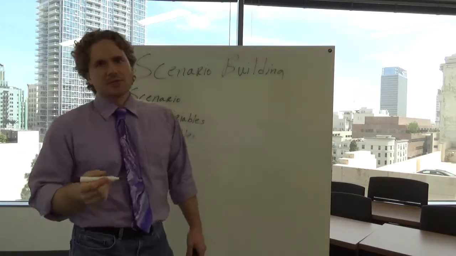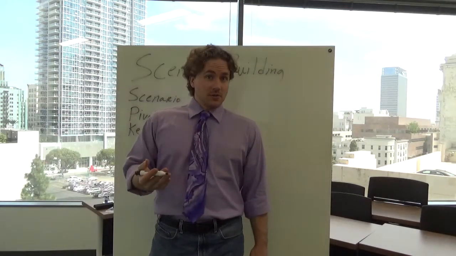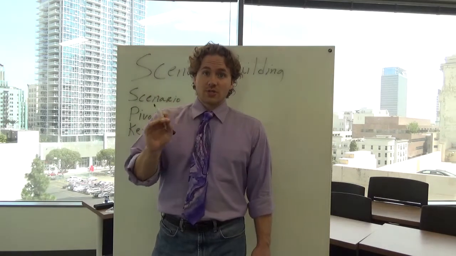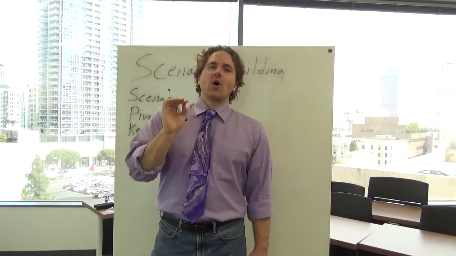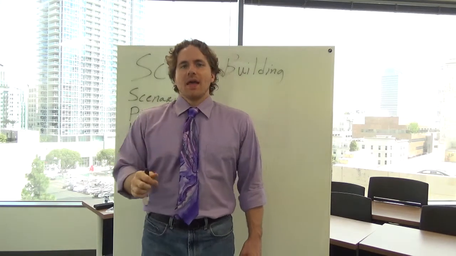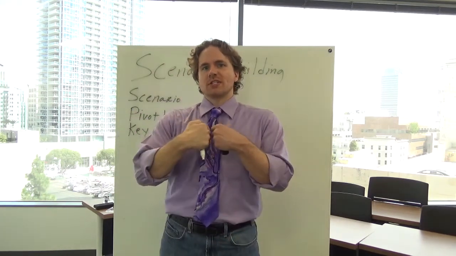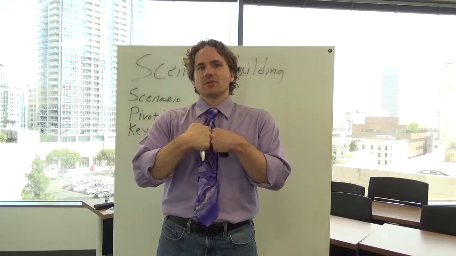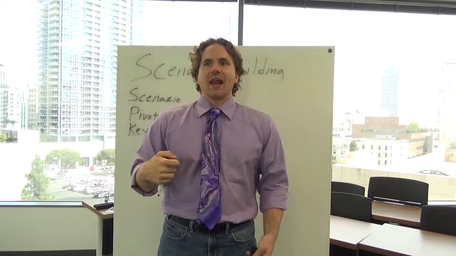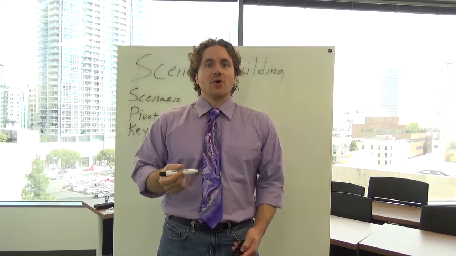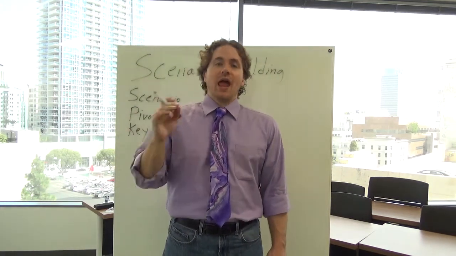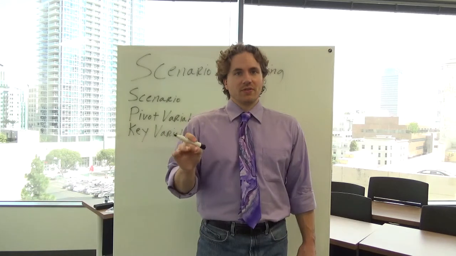Key variables are things that are very certain, so low uncertainty or high certainty, depending on the way you wish to pitch it, and also high impact. Then you smash your key variables along with your pivot variables. I generally advise having 1 key variable and 2 pivot variables.